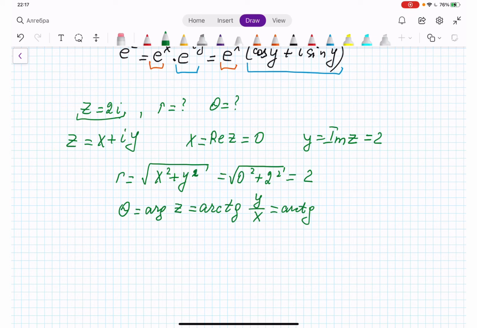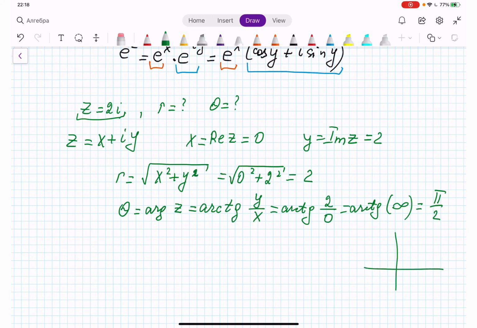Since y is equal to something and x is equal to 0, we are getting arctangent of infinity, because division by 0 gives you infinity. And tangent of how many degrees is infinity? Half a pi. Why?